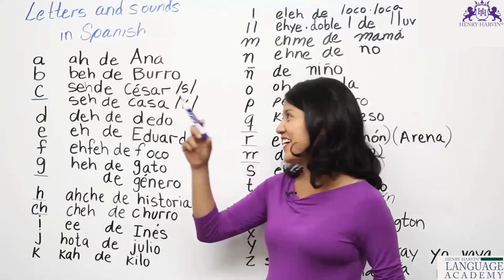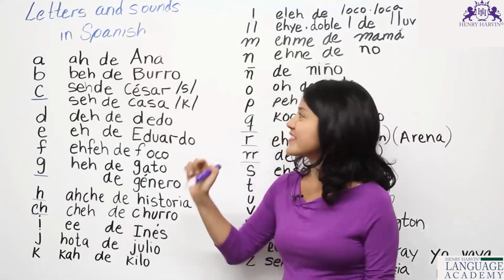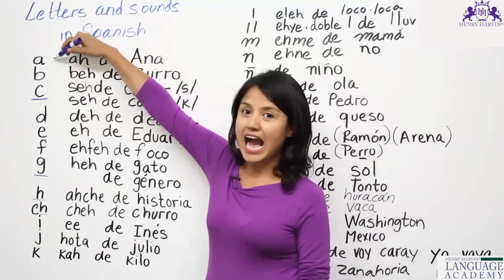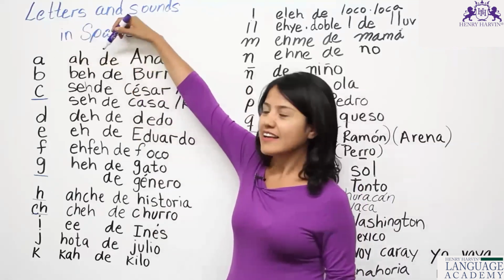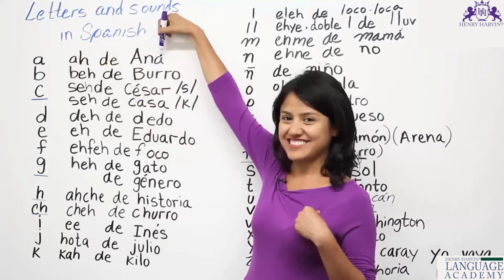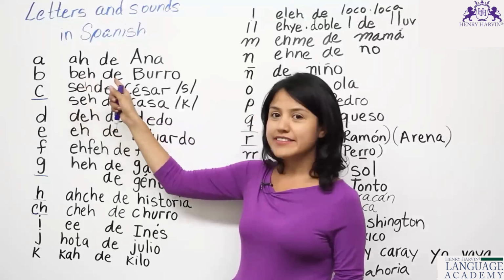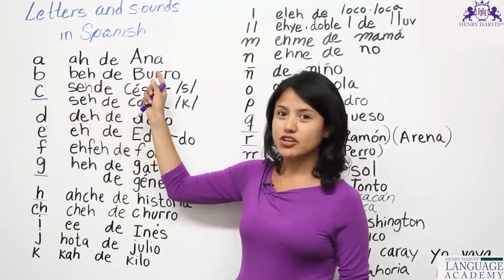Of course we're going to do that. Bueno, vamos a empezar. Entonces, A de Ana. B de burro, donkey.